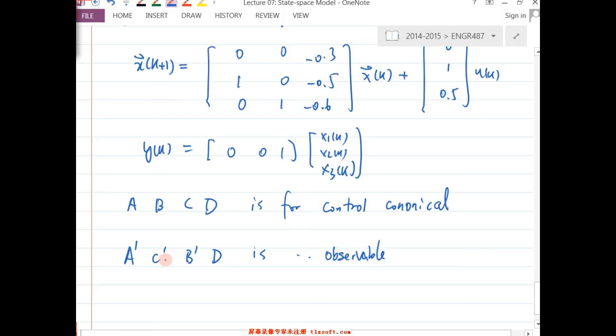Notice this is not B prime, this is C prime here, corresponding to this B here.